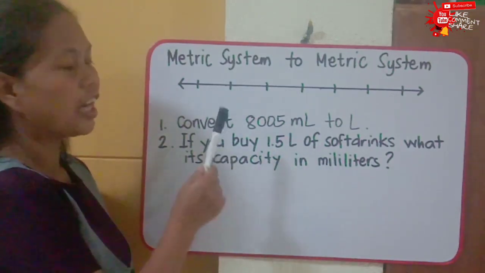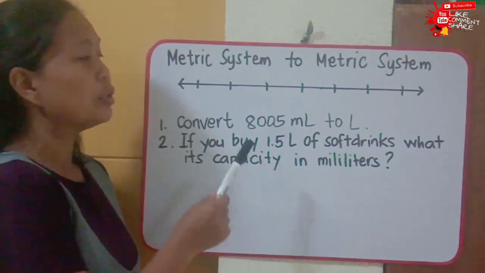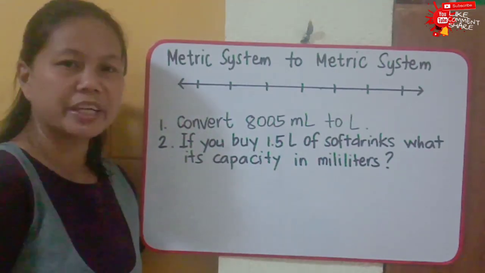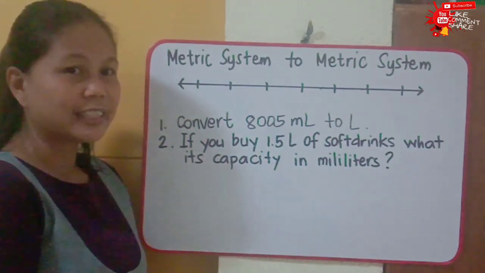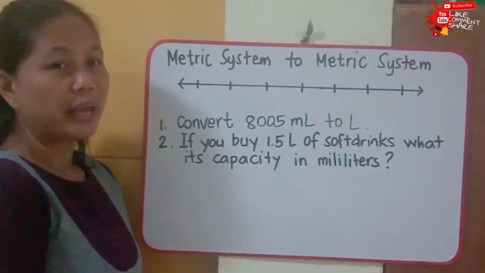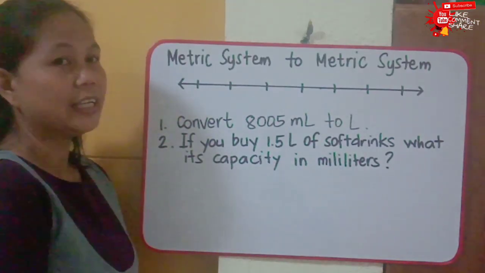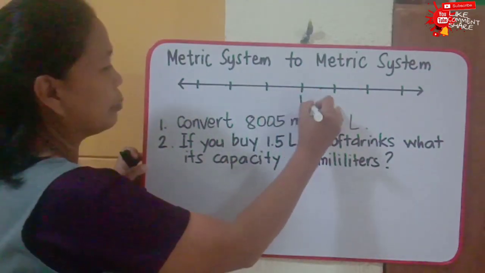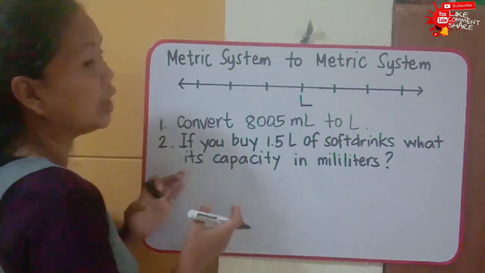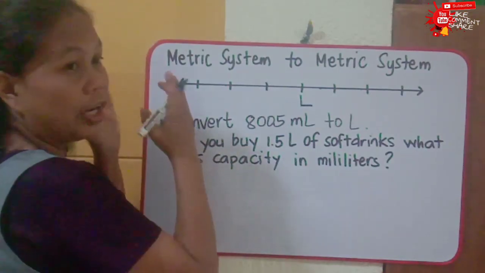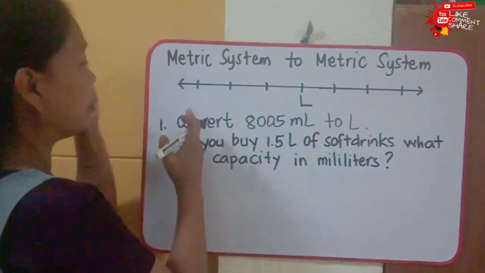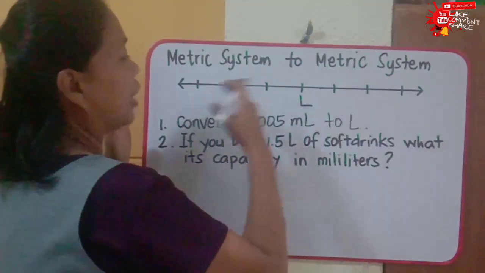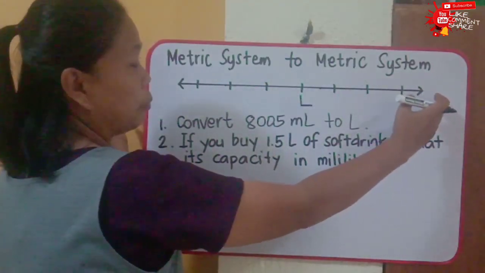So if this will be the kind of conversion, we will use another form of metric converter. This time, the basic unit for capacity is liter. So liter will be written in the middle. So again, we will arrange the largest unit from the left and then the smallest unit up to the rightmost.